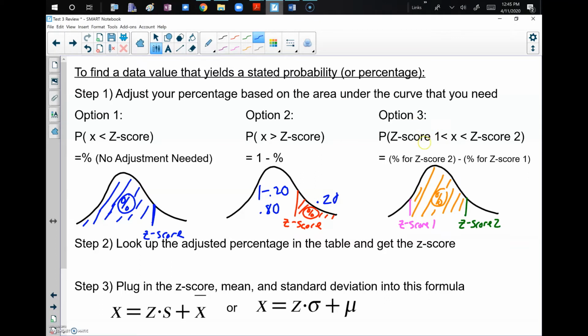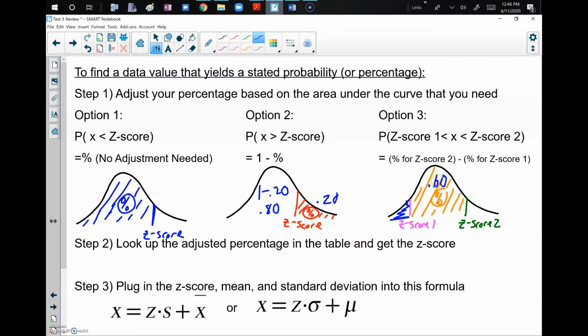And then option 3, if they gave us the percentage in between 2 cutoffs, then we would have to look up each side of the cutoff based off of what information they gave us. So say they gave me the information in the middle was 60%. Well, I would have to account for this additional tail on the left-hand side.